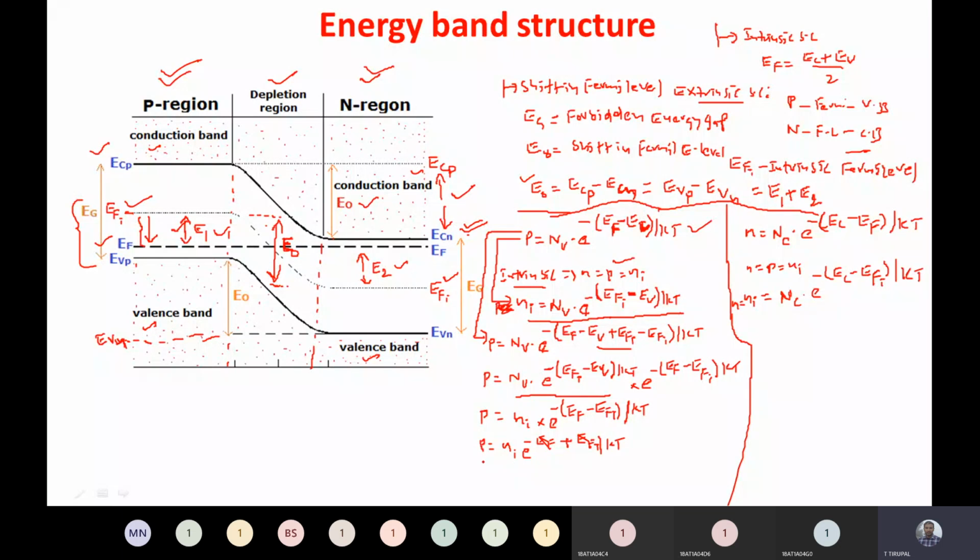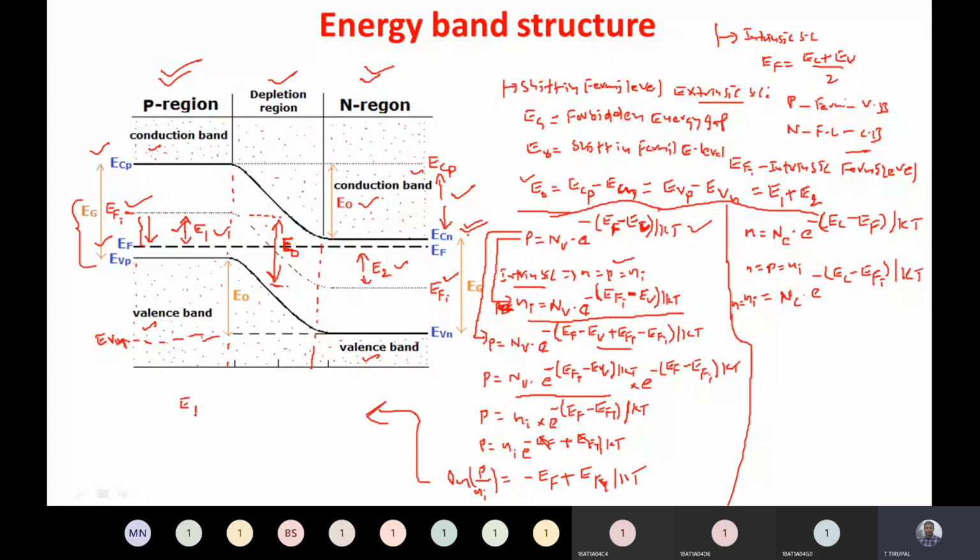Now what happens? Tell me. P divided by Ni. Apply natural logarithm. Ln of P by Ni is equal to, this e will go because we are applying natural logarithm, minus EF plus EFI divided by KT. So what equation did we get from this?